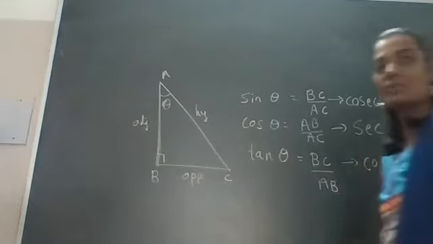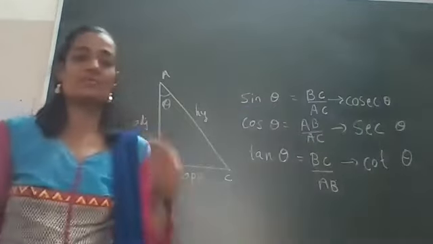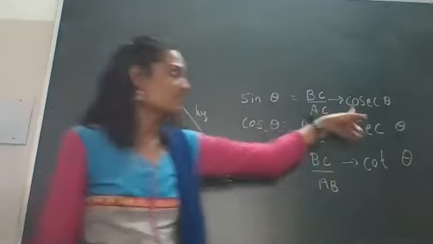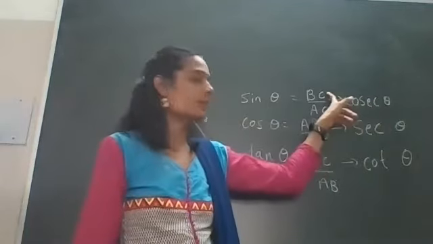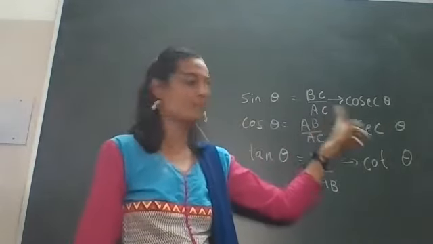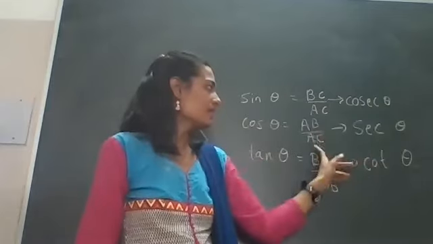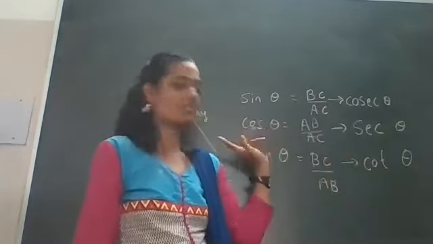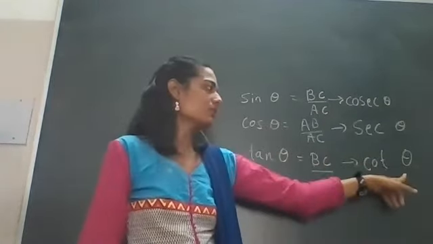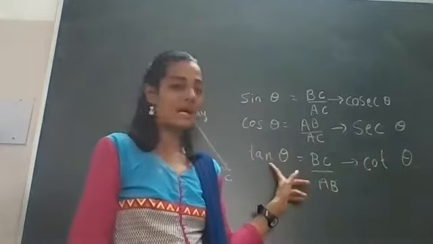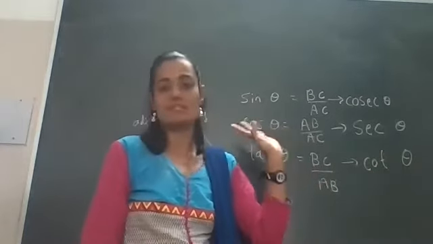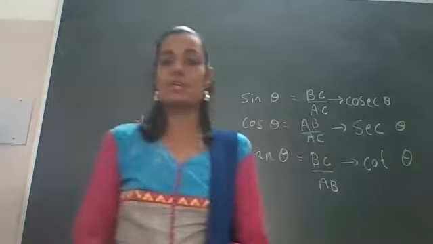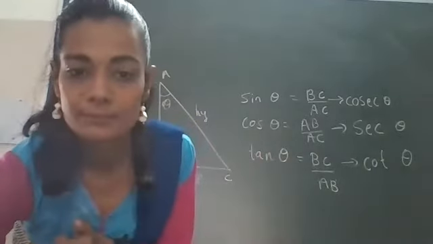Whenever we have to find these values, we use these. Cosec theta is AC upon BC, reciprocal of sin theta. Sec theta is AC upon AB, reciprocal of cos theta. And cot theta, the reciprocal of tan theta, is AB upon BC. This much we understood yesterday.